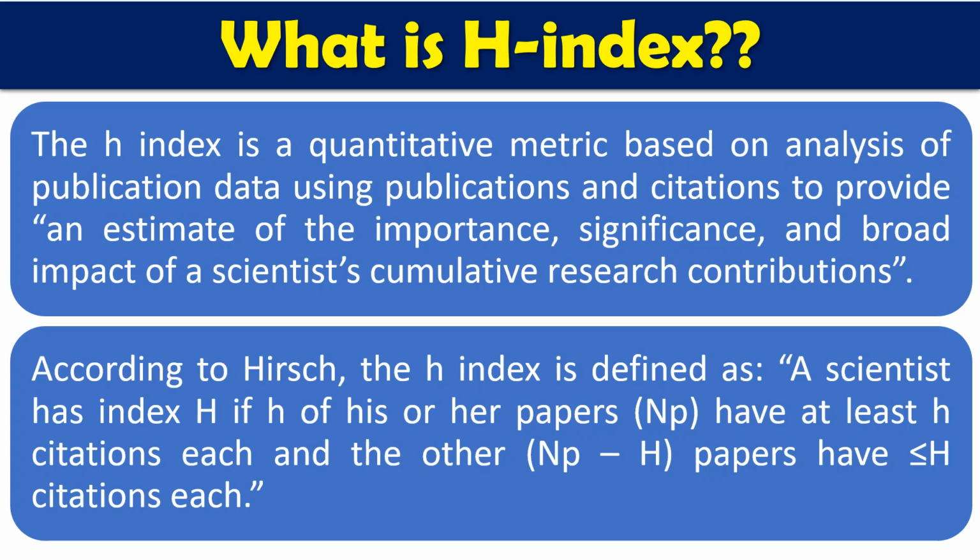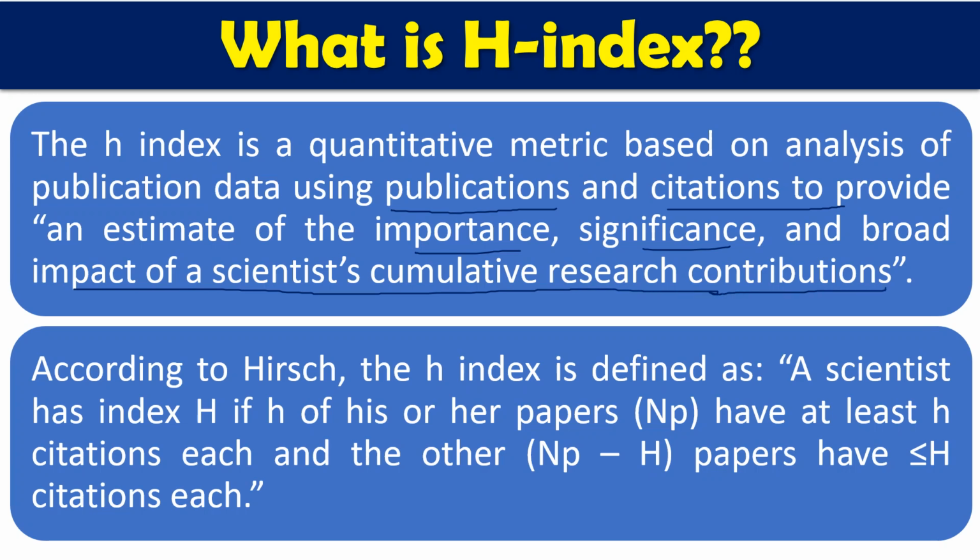Now, what is H index? The H index is a quantitative metric based on analysis of publication data, using the number of papers and the citations, to provide an estimate of the importance, significance, and broad impact of a scientist's cumulative research contributions.